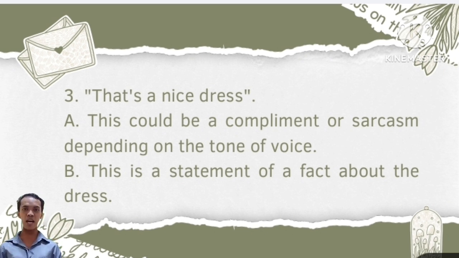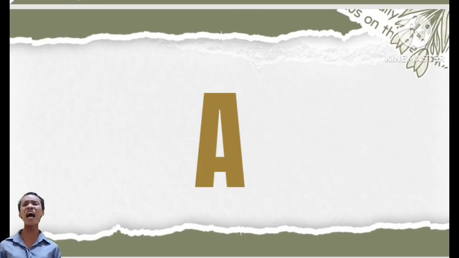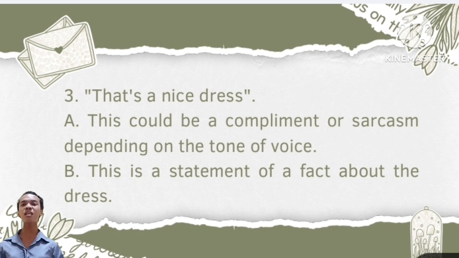that's a nice dress. Letter A, this could be a compliment or sarcasm, depending on the tone of voice. Letter B, this is a statement of fact about the dress. Technically speaking, the answer is letter A. The meaning of the phrase is heavily reliant on nonverbal cues.